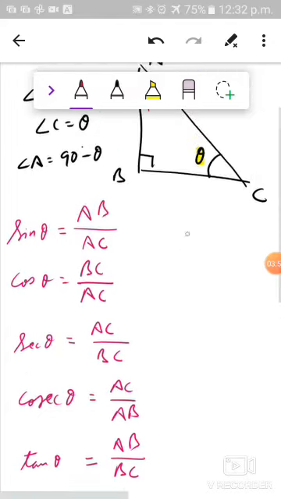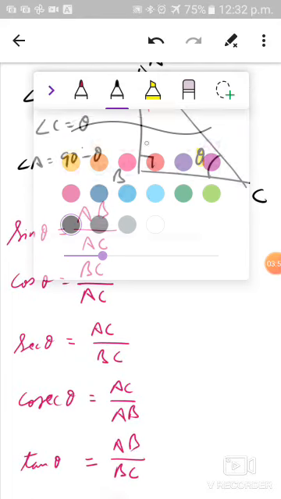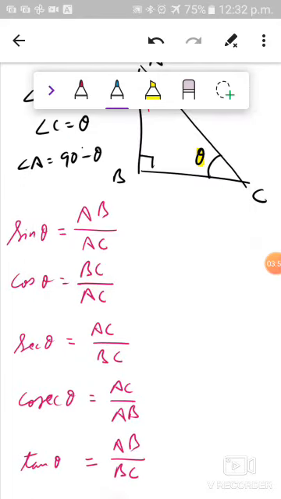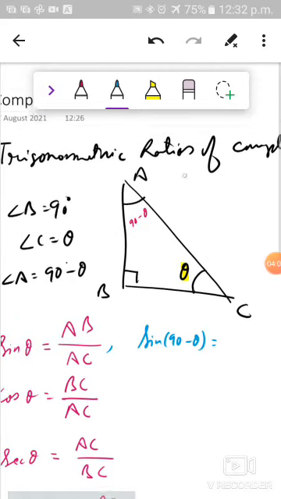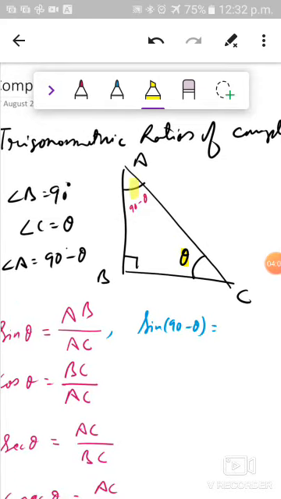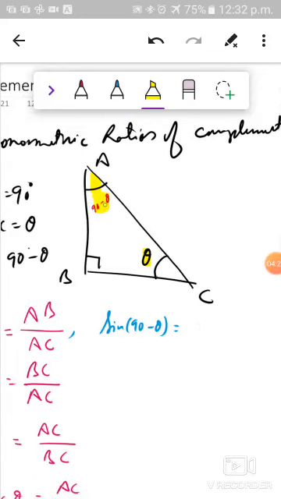Now let us write for sin 90 minus theta, means for this angle. Sin is the ratio of perpendicular upon hypotenuse. What is perpendicular? That is the side opposite to 90 minus theta, and the side opposite to 90 minus theta is BC.